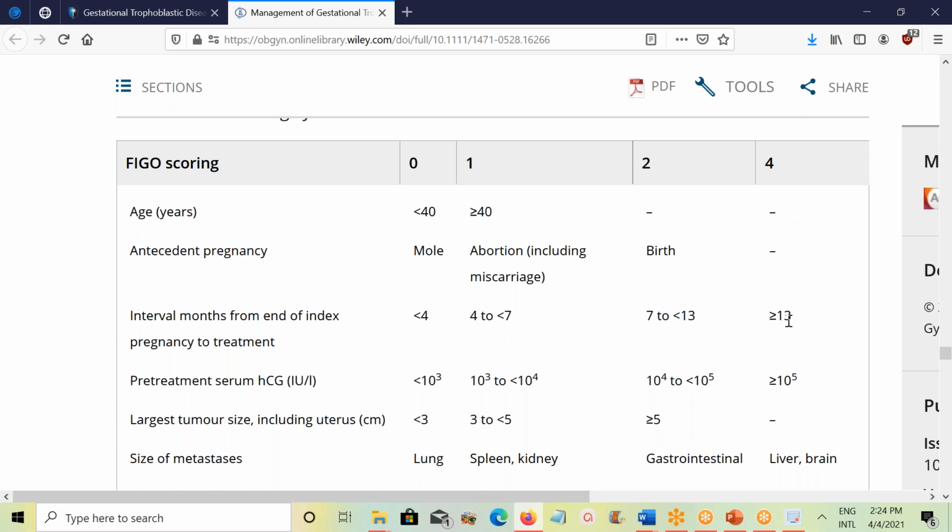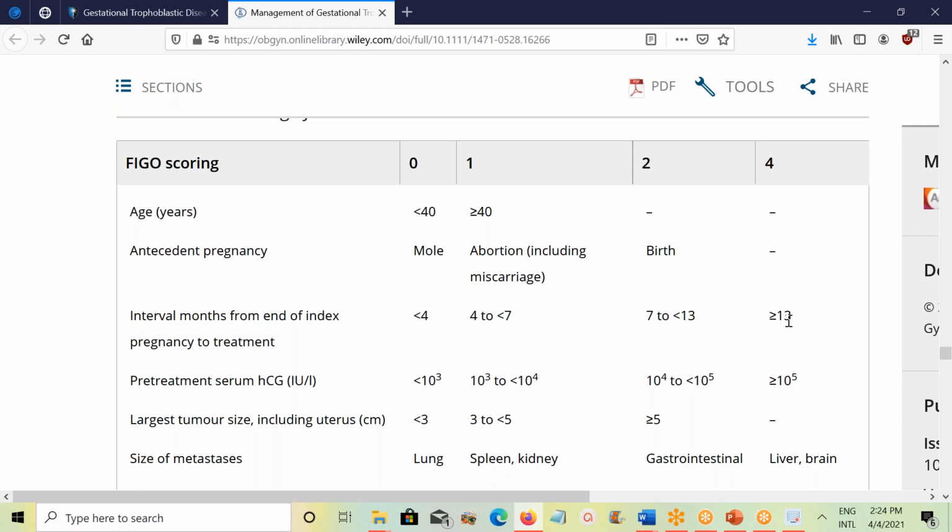If she has developed this PSTT 4 years after having a molar pregnancy, or any pregnancy where we got molar tissue, then the risk of death will be 100%. But if the PSTT or ETT is diagnosed less than 48 months after the previous molar pregnancy, then the risk of death will be like 50%. Okay, that is the point.